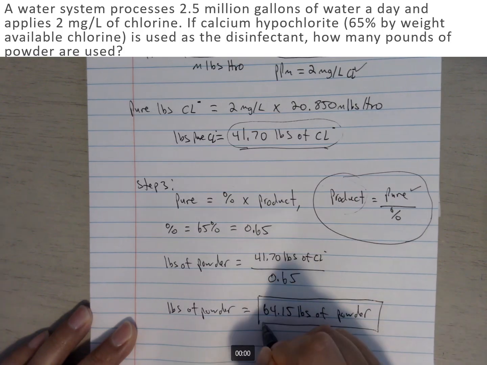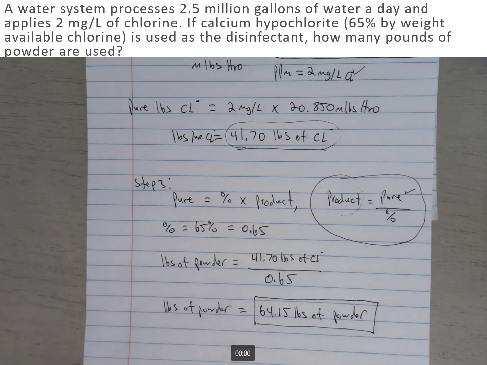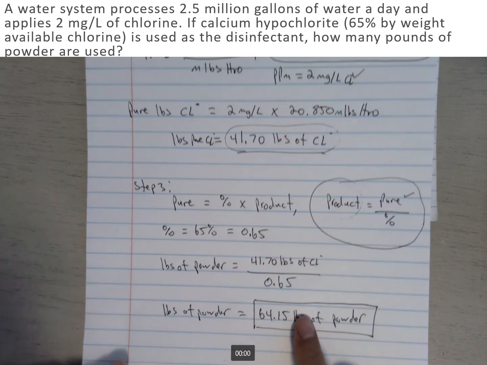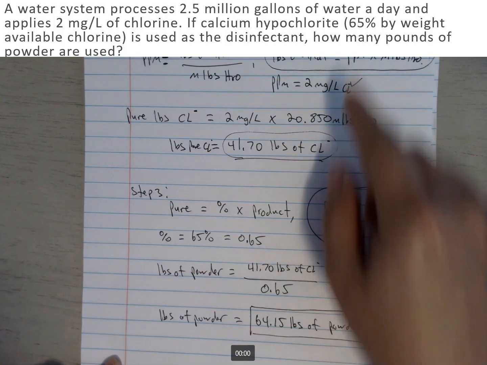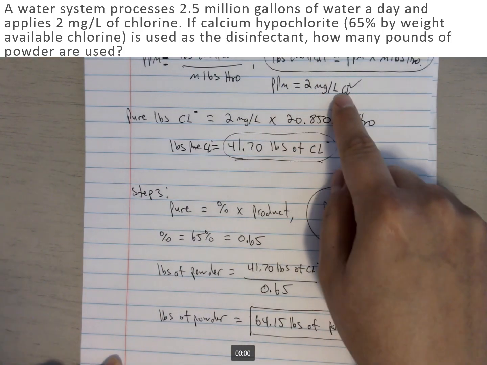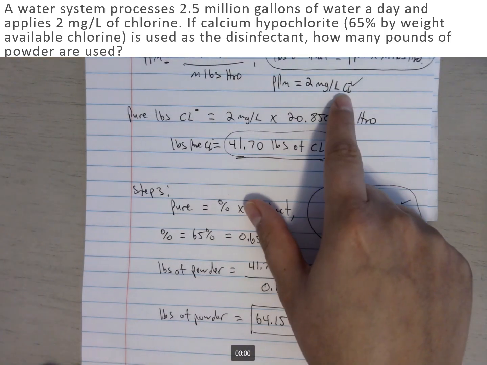And we have solved the problem. Our problem statement was asking how many pounds of powder I have to add to achieve a concentration of 2 milligrams per liter of chlorine.